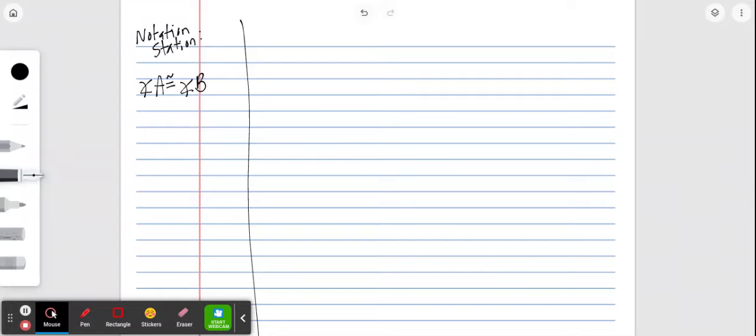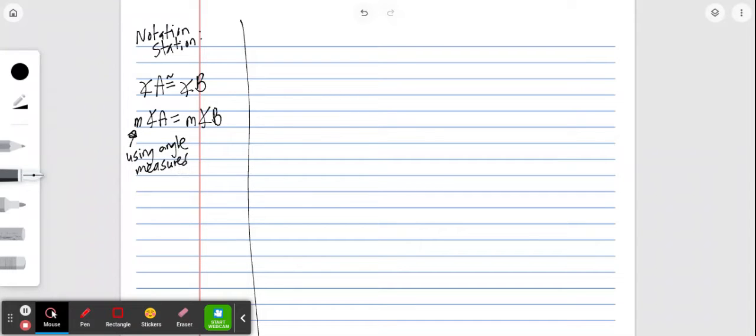To prove something's congruent, you have to prove that it's equal in length, but we'll get to that eventually. But if I want to say that the measure of angle A is equal to the measure of angle B, I write it like this. So when I use this little m, it means that I'm using angle measures.